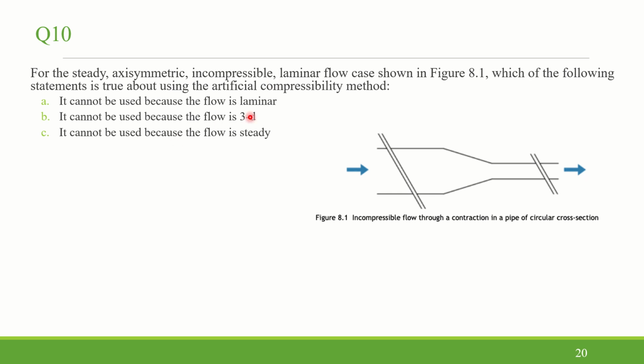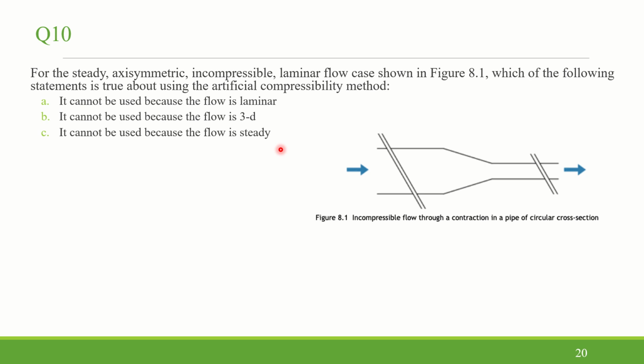So that is not an issue. And the third statement mentions that it cannot be used because the flow is steady. The artificial compressibility method is mostly preferred for steady flow systems only, not for unsteady flow systems. So this statement is false as well. So all three statements are false.